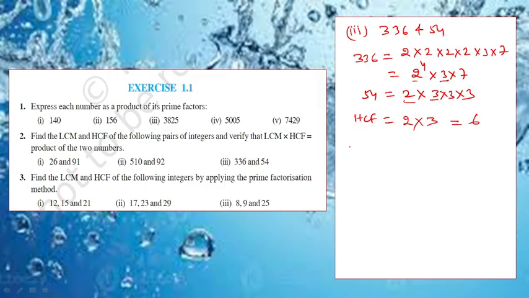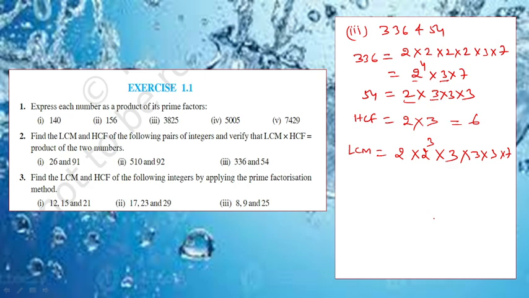Okay, now LCM. LCM will be, 2 common, so 2 will be there. Again 2 to the power cube also will come here, then 1 3 is common, so that we will take, then the other 2 3s are there, that also will come here, and into 7 will be coming.